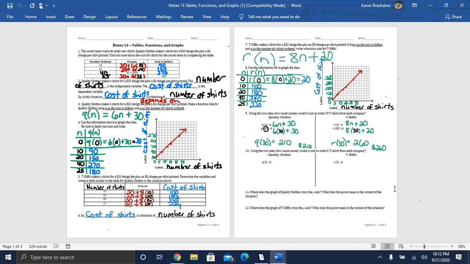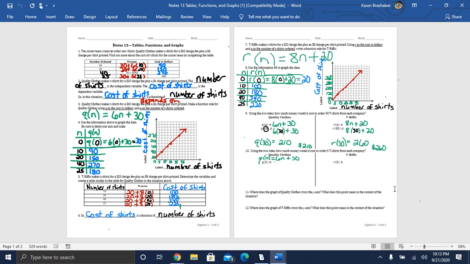And then in question 10, another chance to use the two rules. So in question 10, it says, how much money would it cost to order 5 t-shirts from each company? So notice that it's the same rule for Q of 5. I'm going to write the Q rule up above it, that Q of N, just like we had in the first problem, Q of N is equal to 6N plus 30.